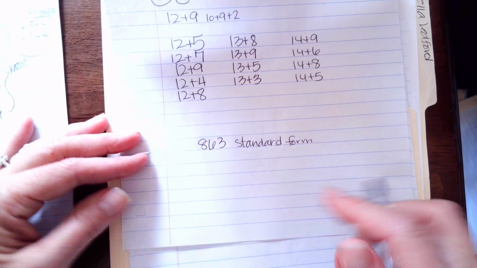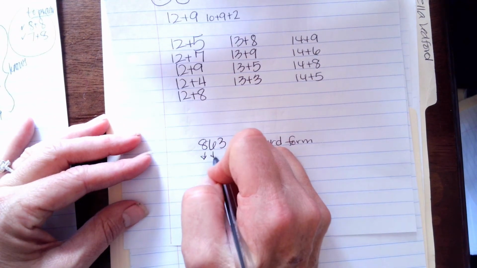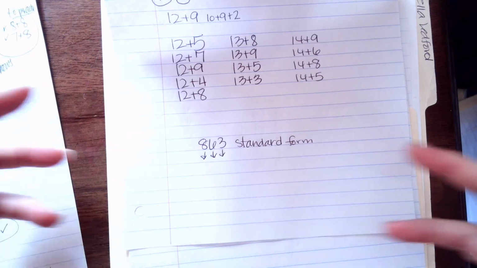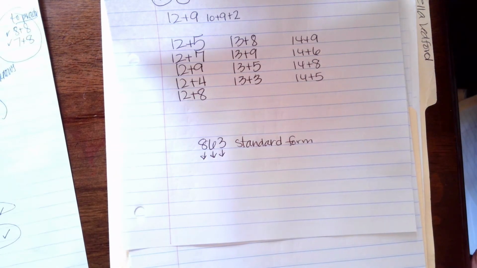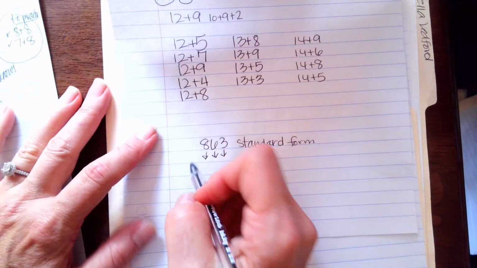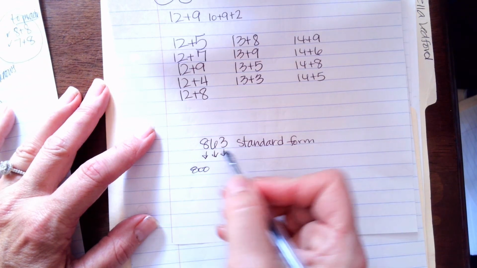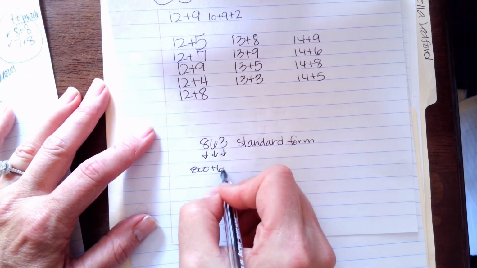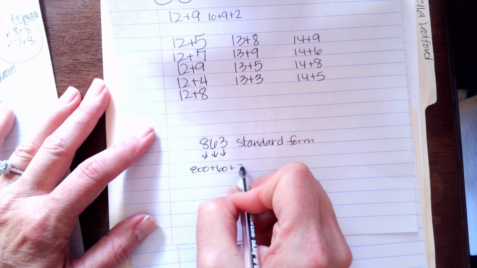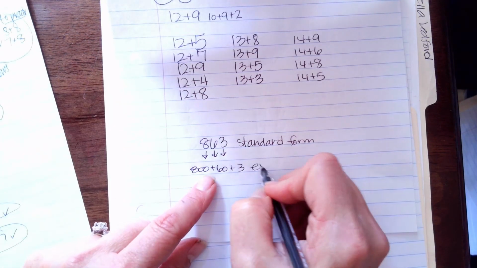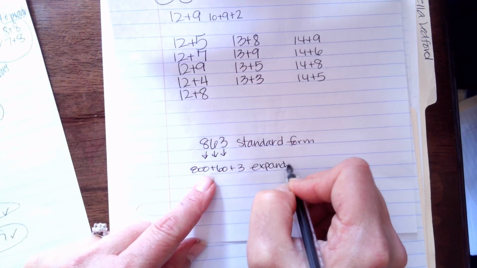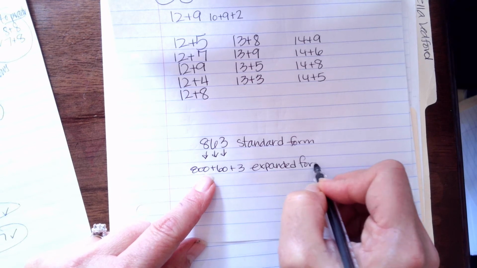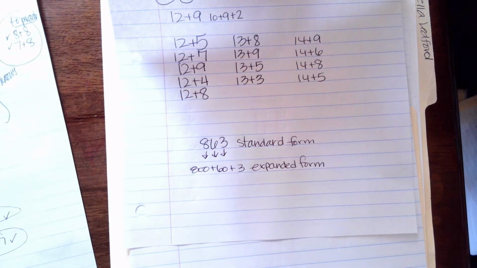Expanded form is when you take each of these and you expand it out to what it's worth. So what is the 8 worth? It's worth 800. What is the 6 worth? It's worth 60. And the 3 is worth 3. So this one is called expanded form. Does that make sense to you? Yeah.